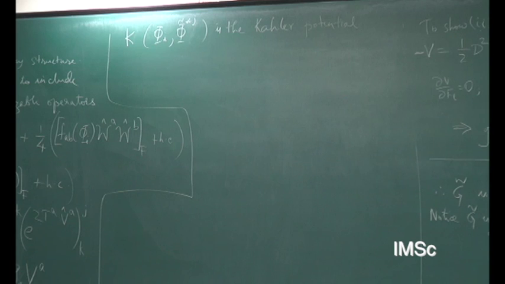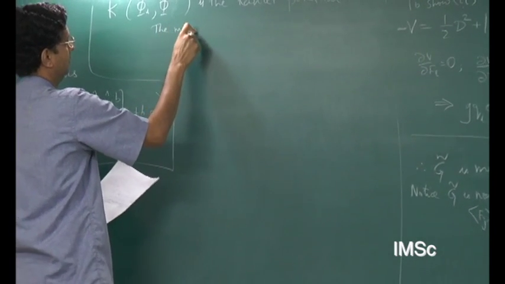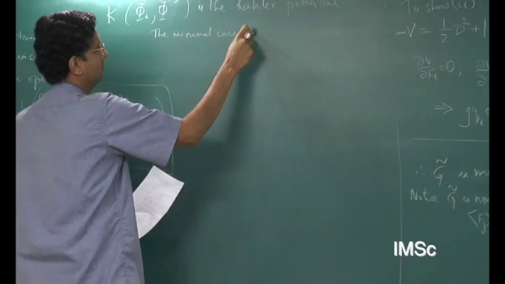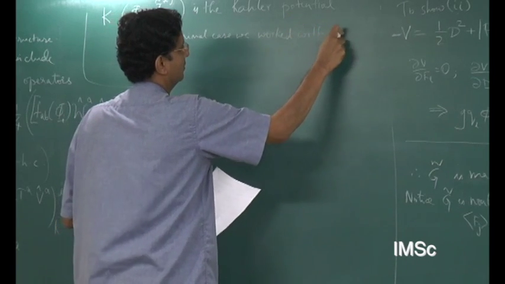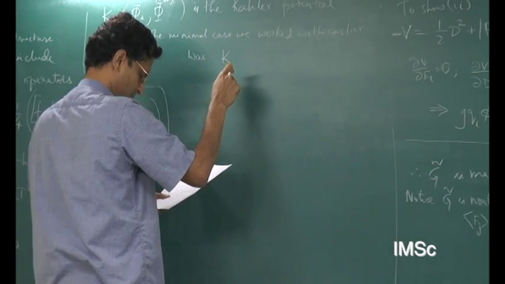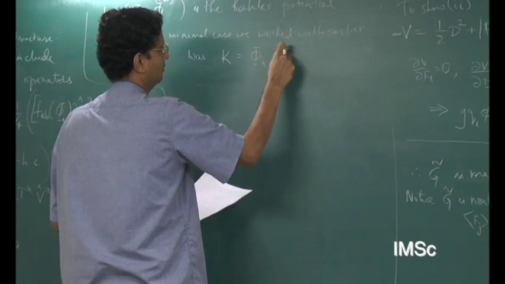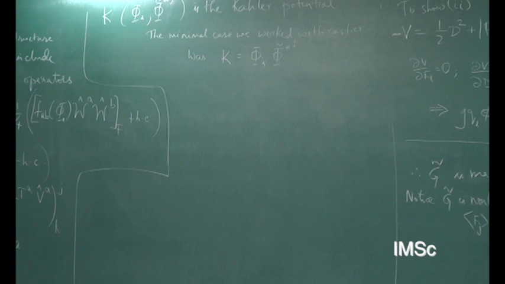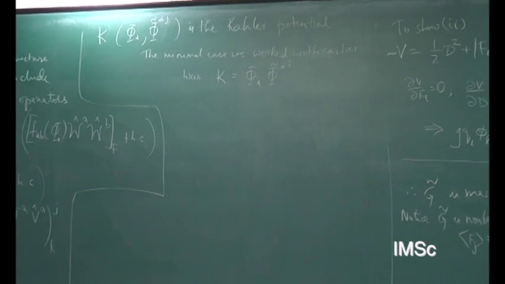So you can take a general function of these fields, and the minimal case, the renormalizable case, was just k, was just this term, but we can extend it by non-renormalizable terms, which we'll see some examples of how we extend in some specific ways when we do gravity mediation.